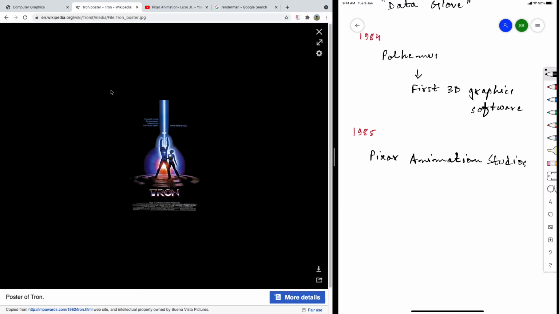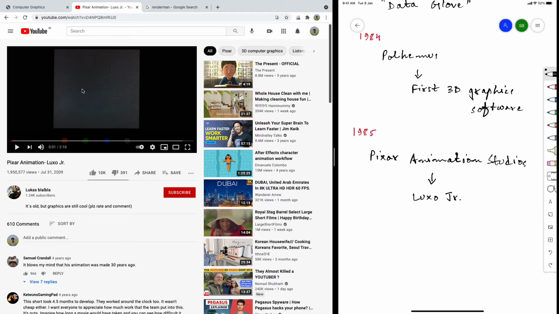So in 1985, this Pixar Animation Studios released Luxo Junior. So let me show you what is this Luxo Junior. So here there is a video. Just watch this video.